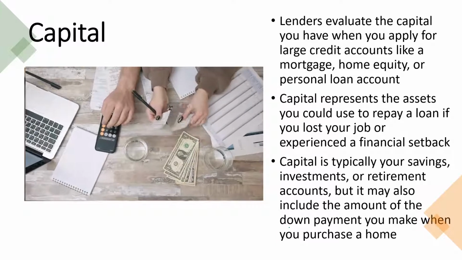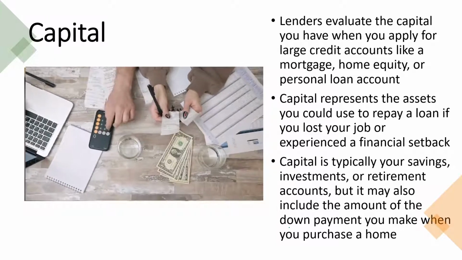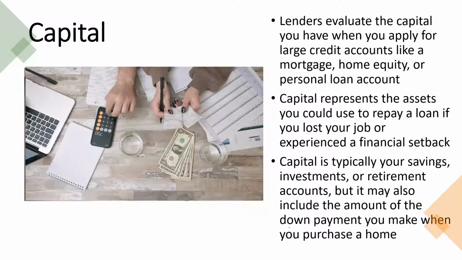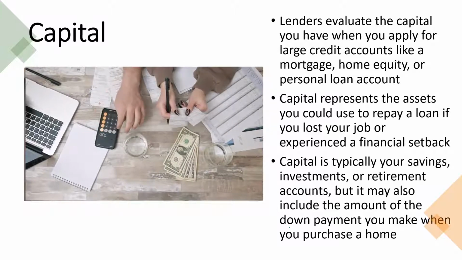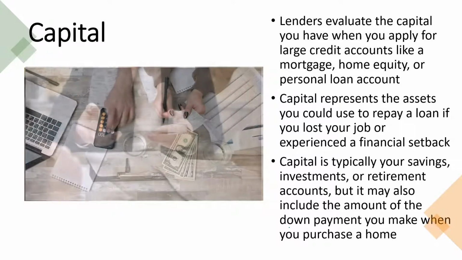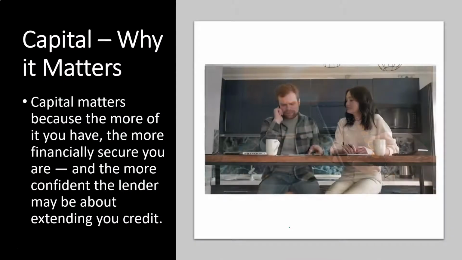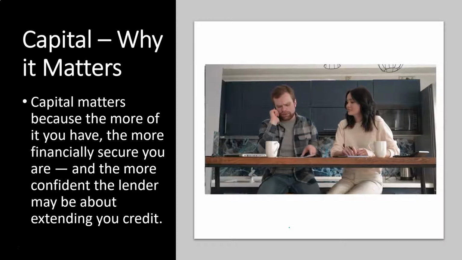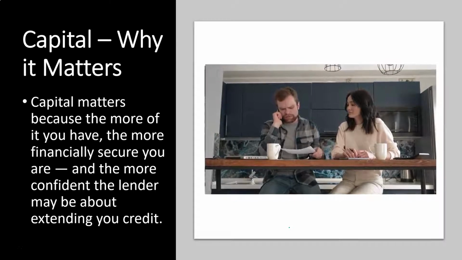But the amount that you actually put into the home, the down payment, may be a more conservative point that could be added to the capital, the amount of the home that you actually paid for yourself.